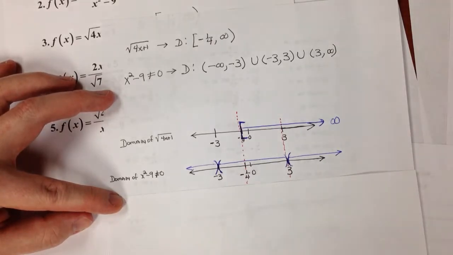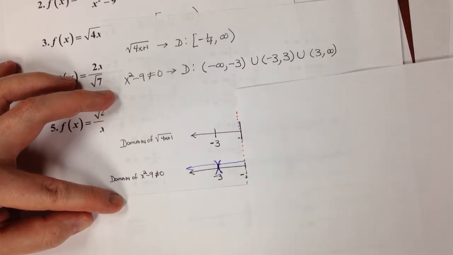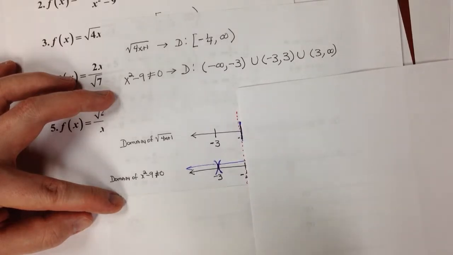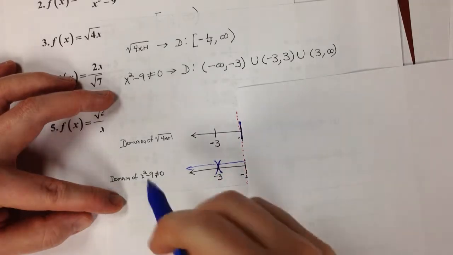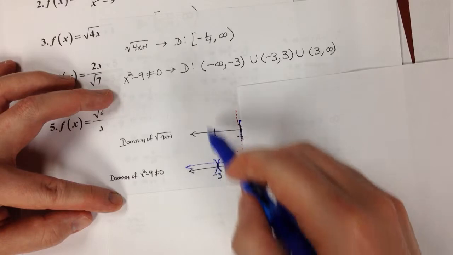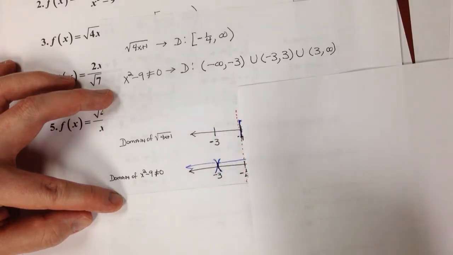Now, in terms of that which will belong to both domains and thus comprise the domain of the square root of 4x plus 1 all over x squared minus 9, we look for the set of values that belong to both of these domains, and thus provide our solution in number 5. If you notice, the values of x less than negative 1/4 belong, for the most part except for negative 3, to the domain of x squared minus 9 not equal to 0, so you don't have a commonality between the graphs of both domains.